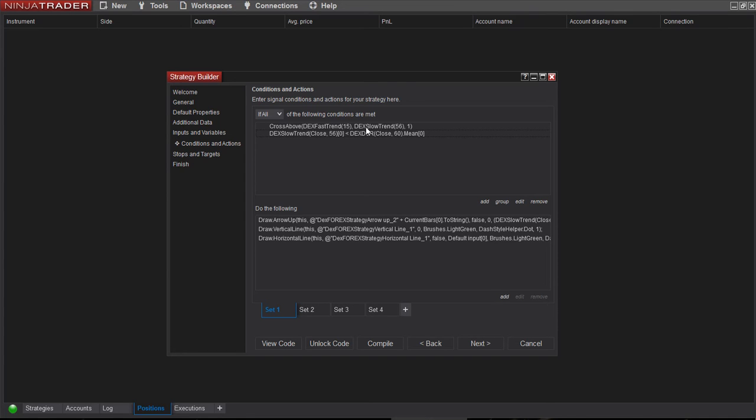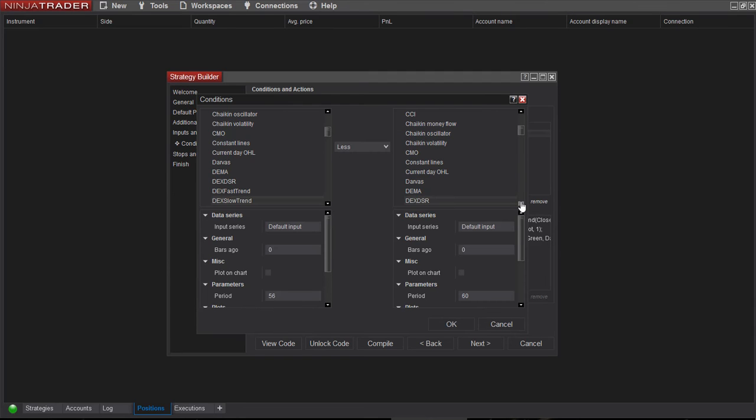Now, we were getting some results, but we want to add a second and statement. And in this case, we want to filter a little bit. We want our DEX slow trend to be less than the DEX dynamic support and resistance mean. Okay? So what does that mean?